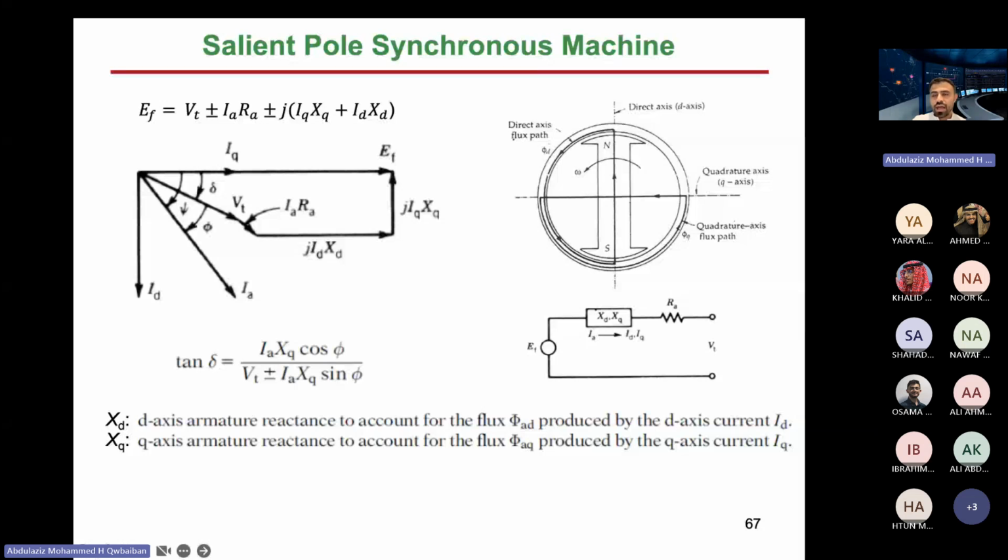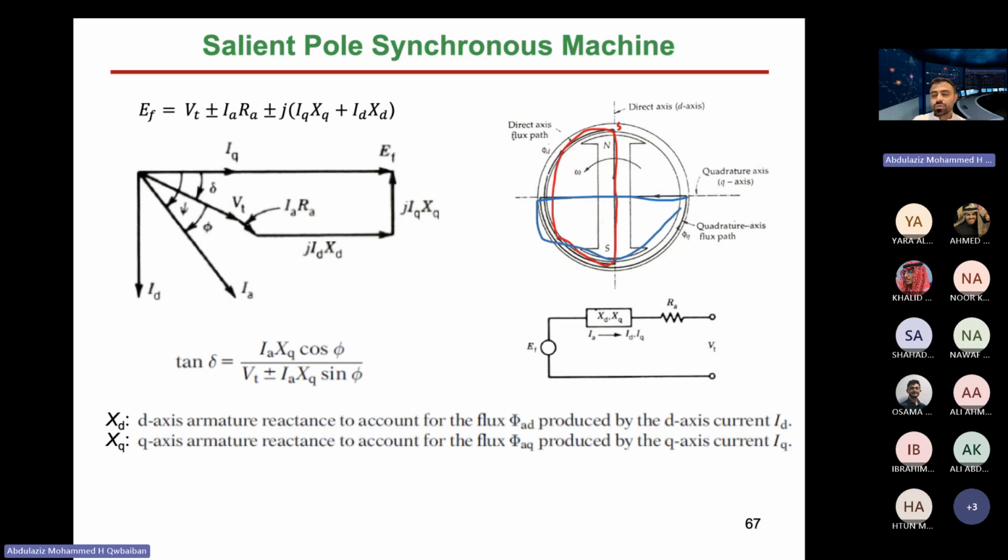So the direct axis of the flux would go here on the stator's south pole all the way here. The quadrature component is different, where it goes 90 degrees from it.